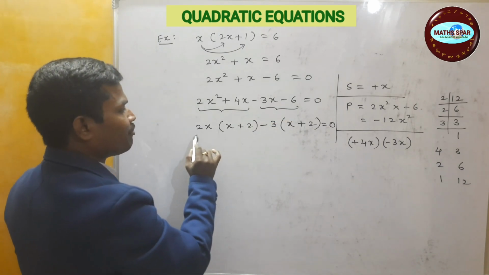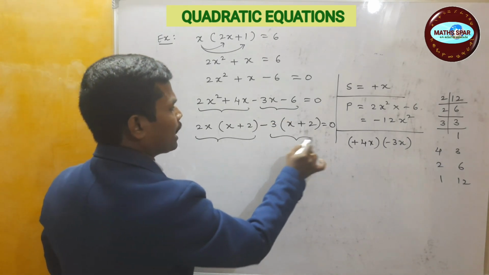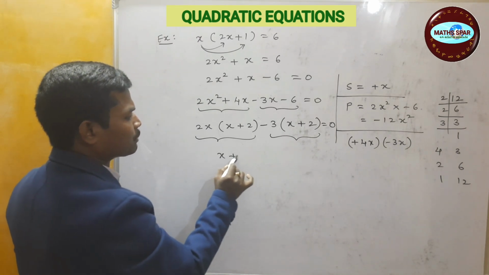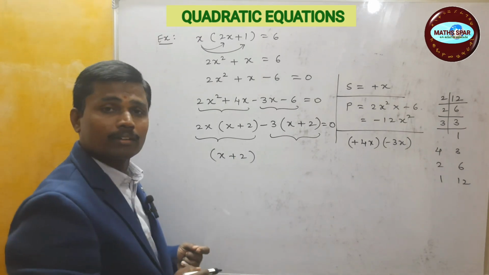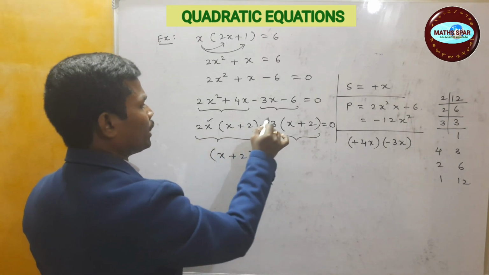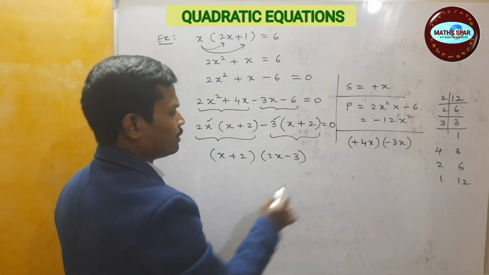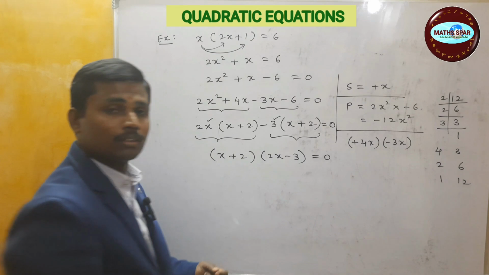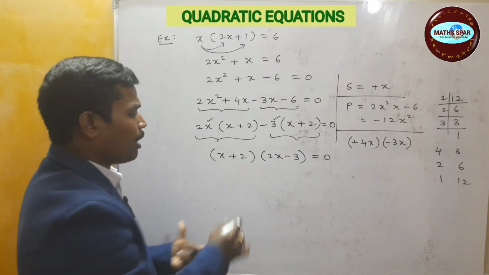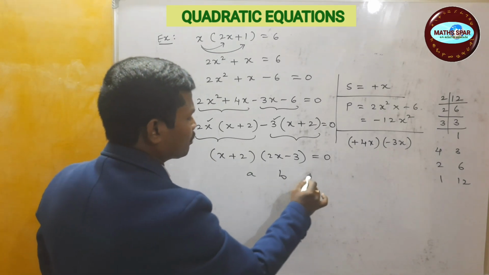Now here from this and this, I can take x plus 2 common. Then I am left with 2x in this and minus 3 in this. So I will write it as x plus 2 into 2x minus 3, which is equal to 0. Now this is in the form of AB is equal to 0.